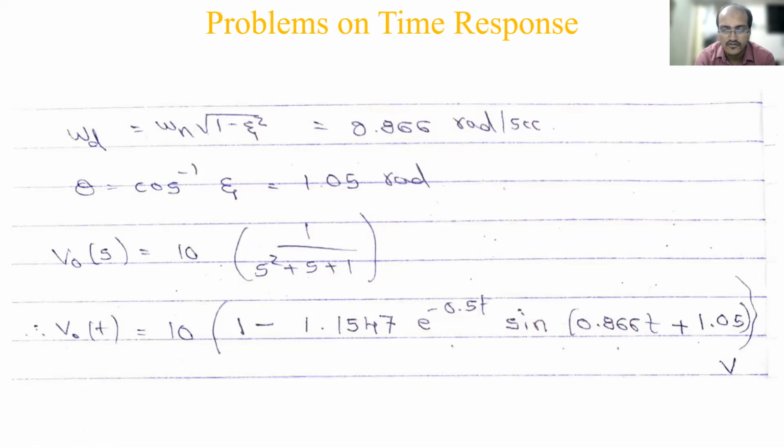Again, 1 divided by square root of 1 minus zeta square factor I have calculated, and I have written 1.1547. Then e to the power minus zeta omega n t with 0.5, sin of omega d t calculation, and then theta. The unit is volt, because it is an electrical network and V naught is a voltage, so you have to keep the unit here as volt. So this is the calculation.